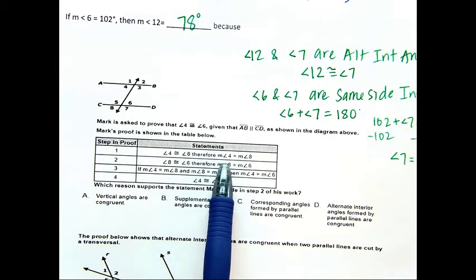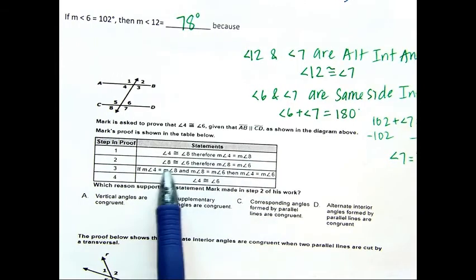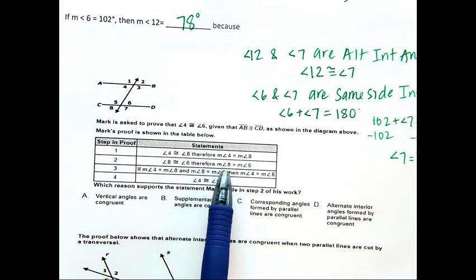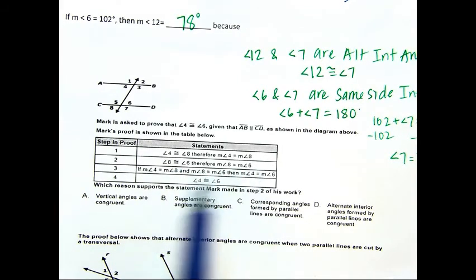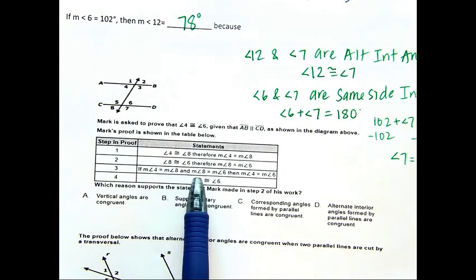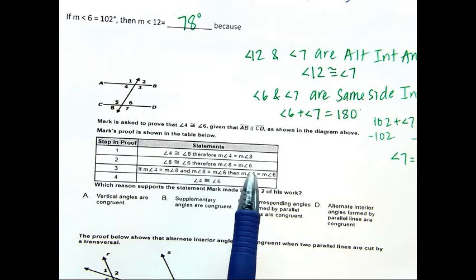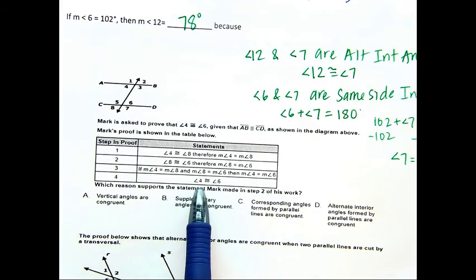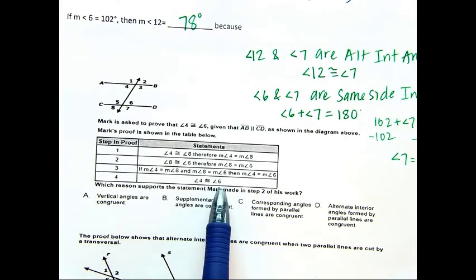Therefore, angle 4 equals angle 8. Angle 8 is equal to angle 6. If angle 4 equals angle 8 and angle 8 equals angle 6, then angle 4 equals angle 6. That means that angle 4 and angle 6 are congruent.